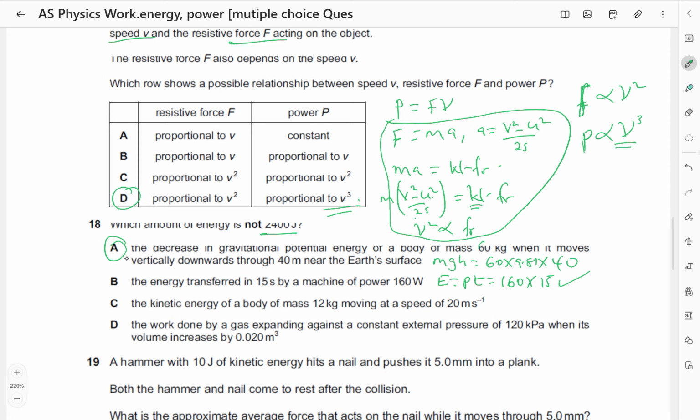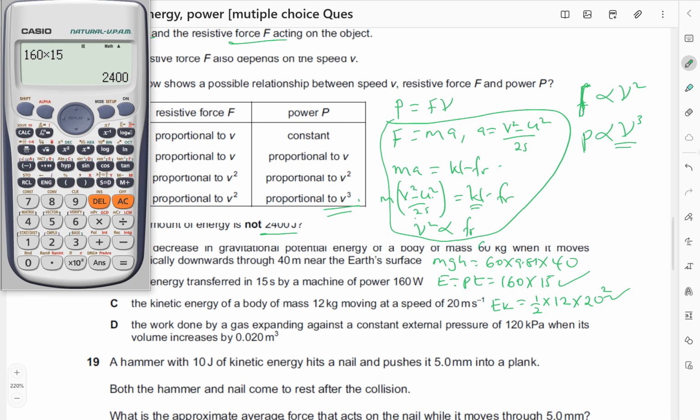The kinetic energy of a body of mass 12 kilograms moving at a speed of 20 meters per second. Kinetic energy is a half times mass times v squared. So that is 6 times 20 squared. I think that one is also correct. 0.5 times 12 times 20 squared.